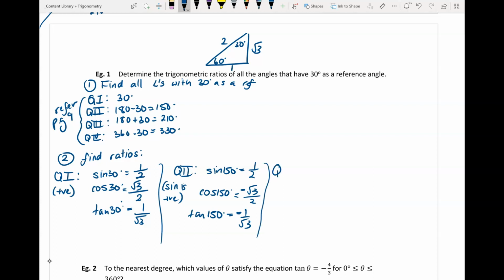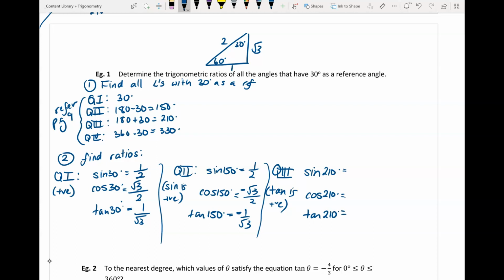Moving on to quadrant 3, this is where tan is positive, which means that sine and cos are negative here. So we're looking at sine of 210 because 210 is the angle in quadrant 3, cos of 210, and tan of 210.